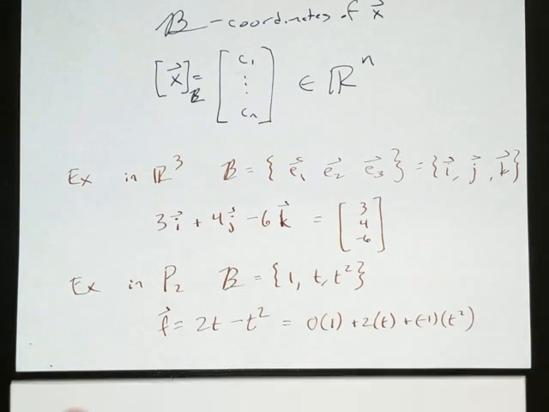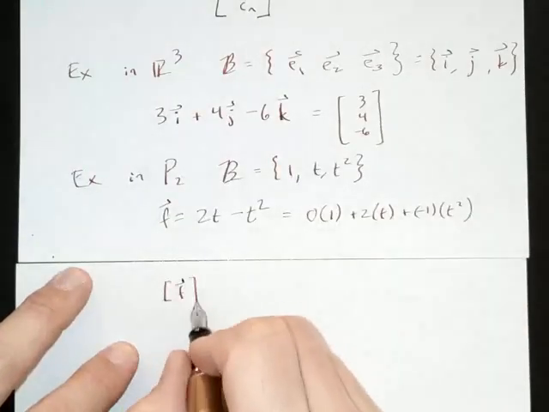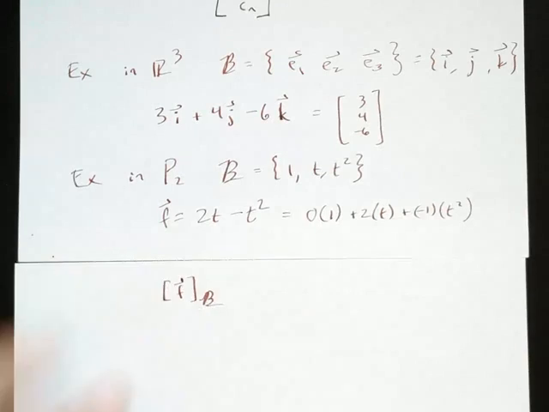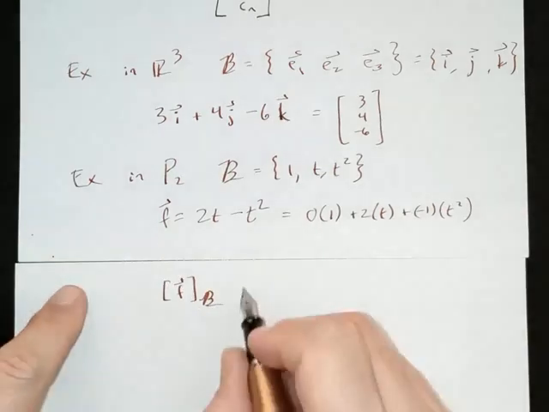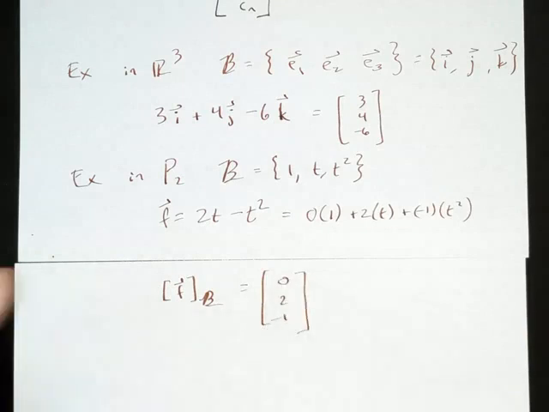Well, if that's the case, then the coordinate vector for f relative to this basis is 0, 2, negative 1. Now, this is a complete mind-blowing moment to me. I took a polynomial, f of t in this case, and turned it into a three-dimensional vector.